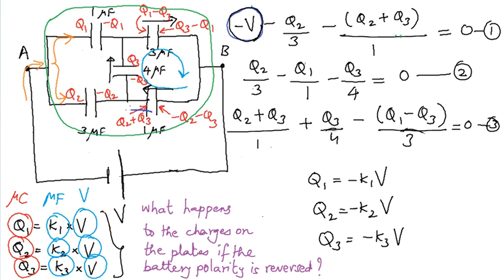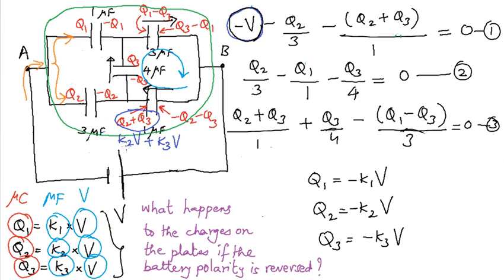For example, let's look at this charge Q2 plus Q3 on the left plate of this particular capacitor. Before battery reversal, the charge was k2 multiplied by V, because Q2 was equal to k2V, plus k3 multiplied by V, which is the value of Q3 in the initial circuit without battery reversal.